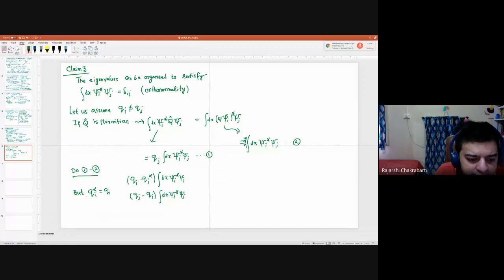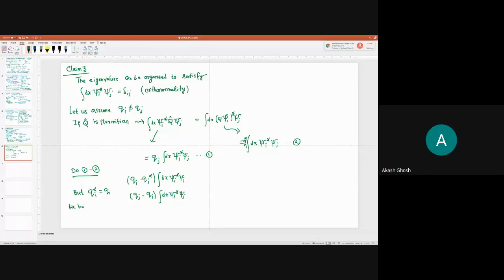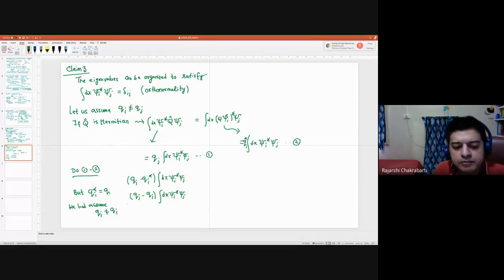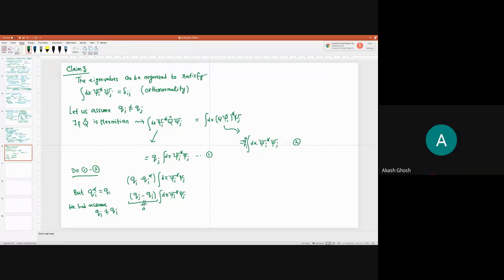We had assumed what? Qj is not equal to Qi. This we had assumed. So this is not equal to 0.